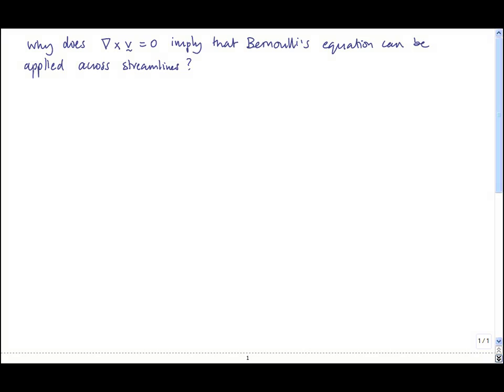So why does curl V equals 0 imply that Bernoulli's equation can be applied across streamlines as well as along streamlines? To consider this, we'll think about the forces and the acceleration around a fluid blob. The mass per unit volume, rho, times the acceleration dv by dt of a fluid blob is equal to minus grad p.